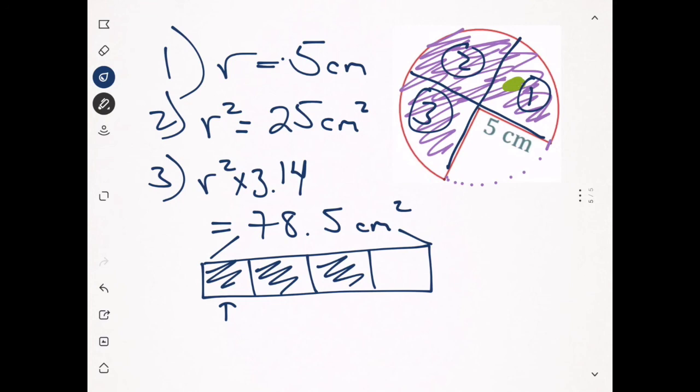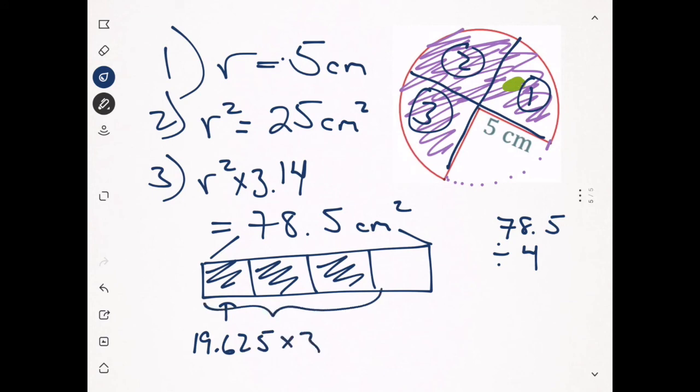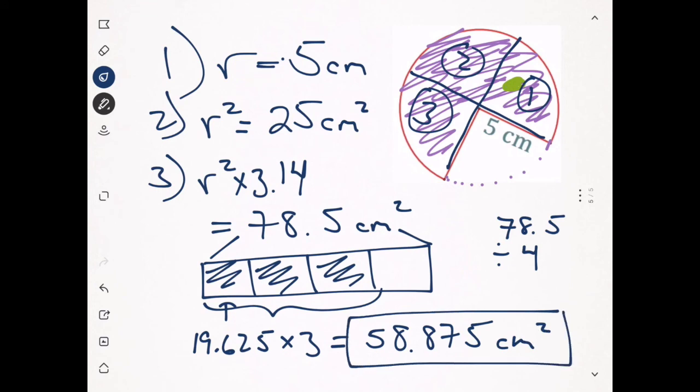So I take this 78.5, divide it by 4, and that gives me 19.625. But then I want 3 of these, so I need to multiply this by 3. And that gives me 58.875 centimeters squared. And that would be 3/4 of the circle.